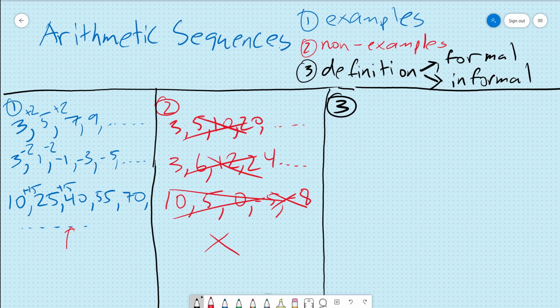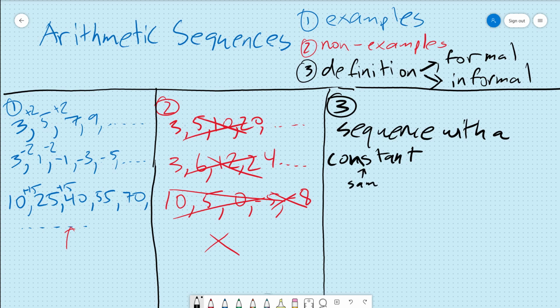So overall, our formal definition is that it's a sequence with a constant difference. Constant is a word that means same, and difference means the change.